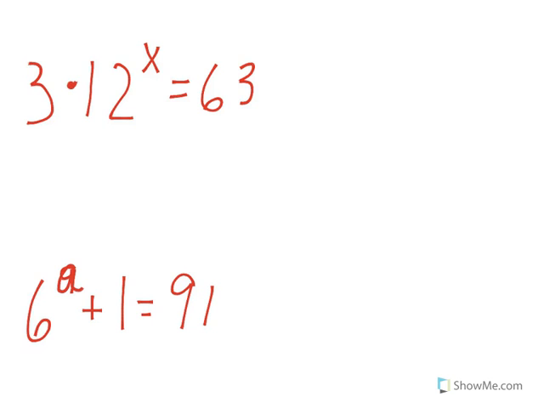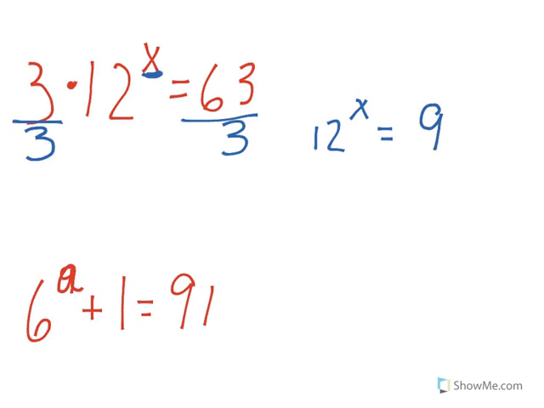So we know that we've got to get this out of the tree here, and in order to do that, we've got to get rid of the stuff laying under the tree. So we're going to move that 3 over. Since it's multiplication, the opposite is division. So divide both sides by 3, and then you've got 12 to the x equals 9.